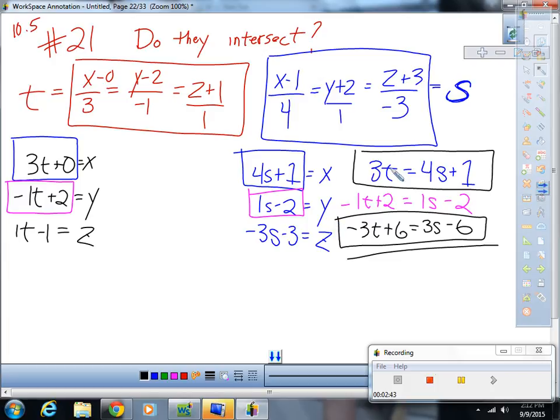So we've got 6 equals 7s minus 5, right? Yep. 12 equals 7s. So s is, thank you, Sabrina. S is 11 sevenths.